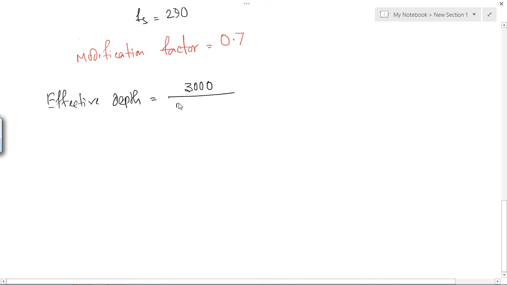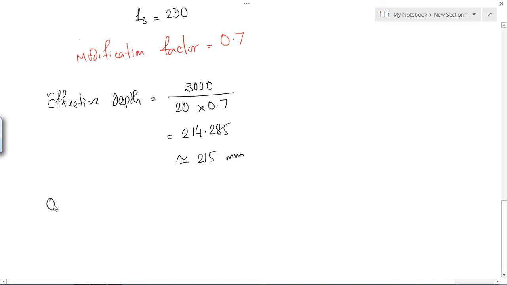The ratio is 20 for simply supported and modification factor is 0.7. This value will be 214.285, or 215 millimeter.